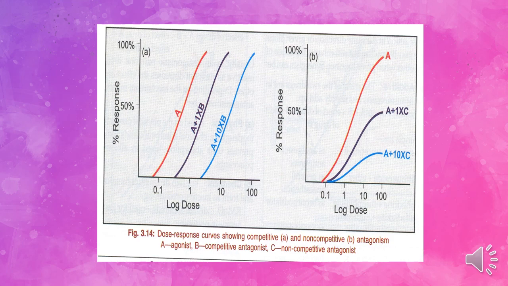But when we add a competitive antagonist, antagonist क्या है? जो काम रोक देगा, ब्लॉक कर देगा. इसके example we can say like there is a lock hole and you are putting the wrong key in it. So what will happen? The door will not open.